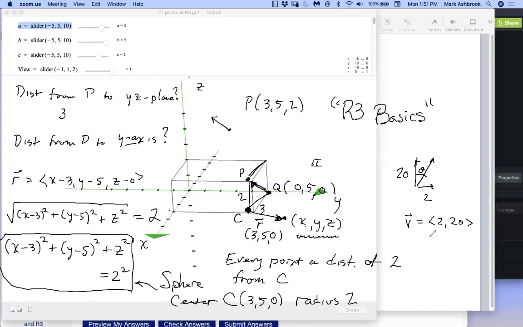For that magnitude question, the safest way to enter it would be the square root of 4 plus 400, or 404, and you never have to worry about how many decimal places because you're putting in an exact value.